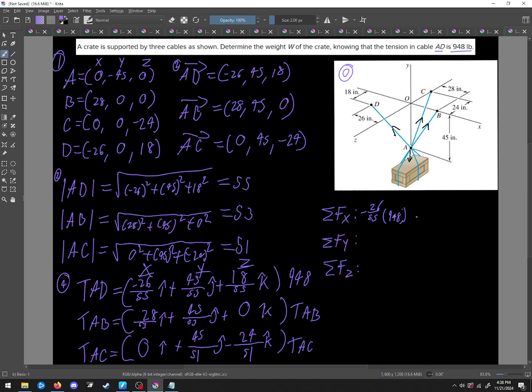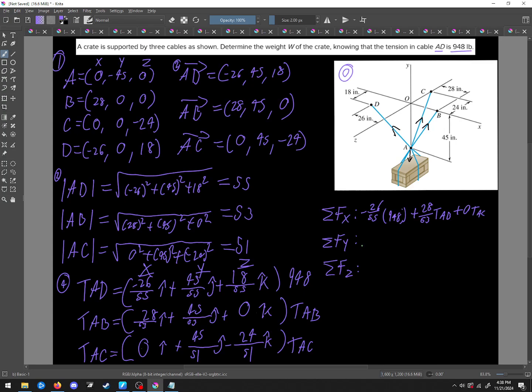Now it's going to be plus 28 over 53 TAB. And then, of course, plus 0 TAC. Okay? So immediately we can solve for TAD with this.